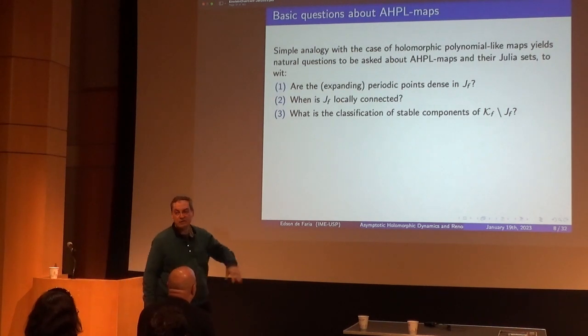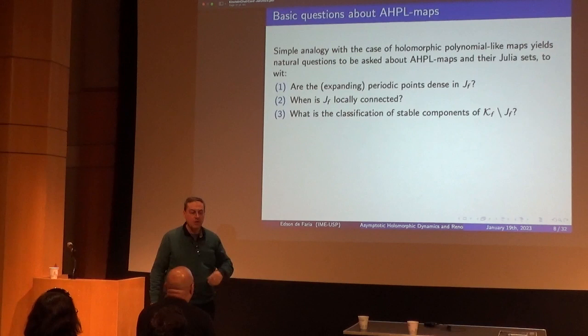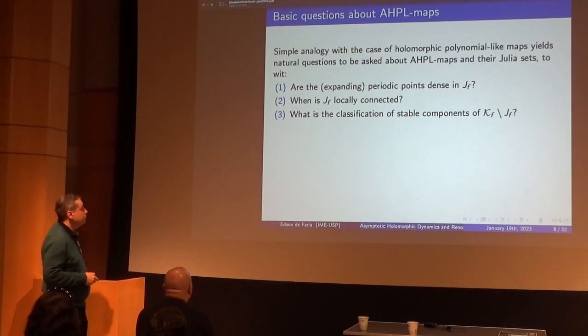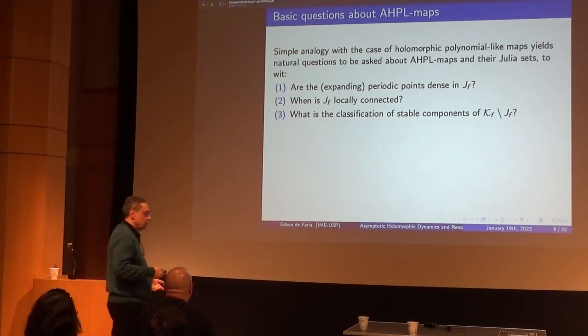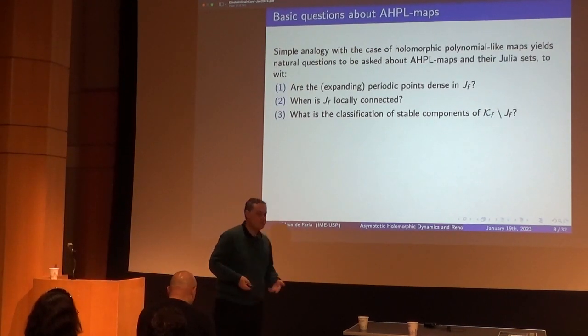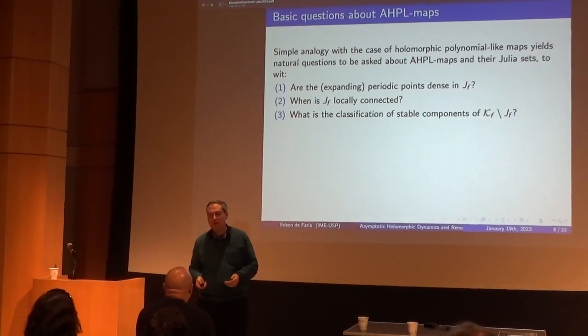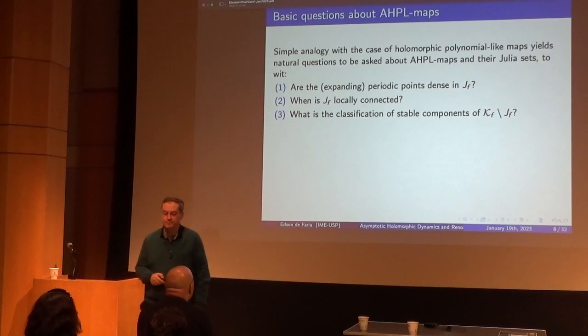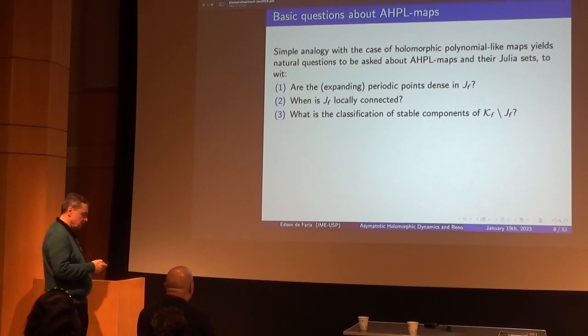If you look at a periodic cycle, which we call a stable component, what are the possible dynamics inside such a component? Can you classify them? There is a classification. It starts with Fatou and Julia, and I think ends maybe with Dennis.